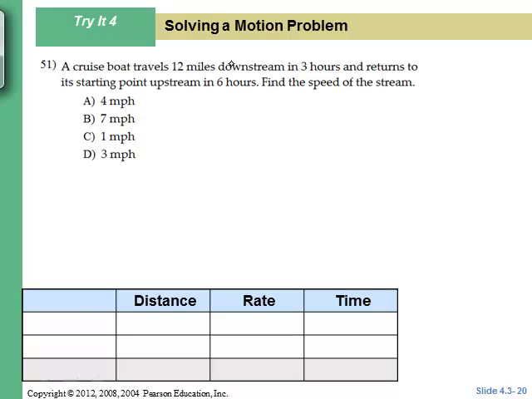Okay, so we have downstream and upstream. I'm sorry, the distance downstream is 12 miles. The distance upstream is 12 miles.